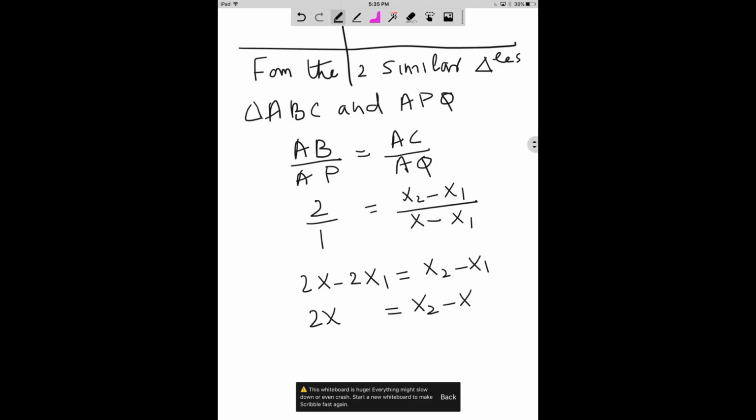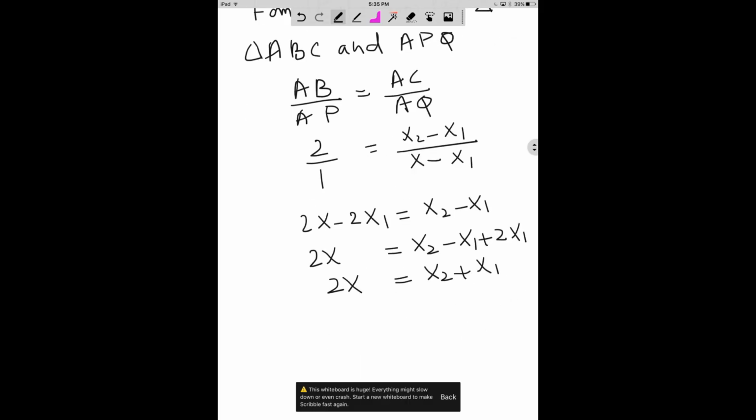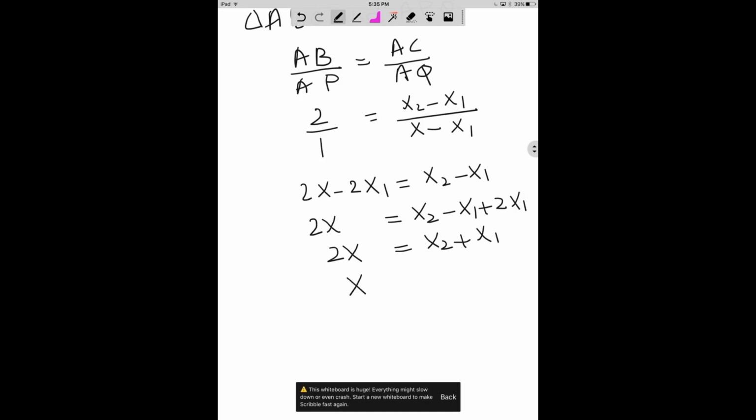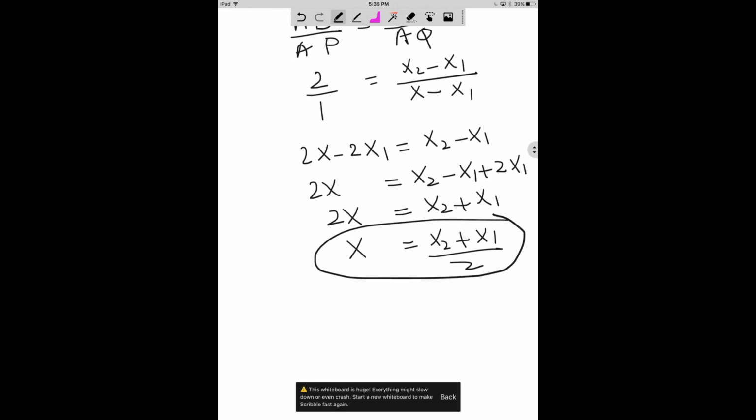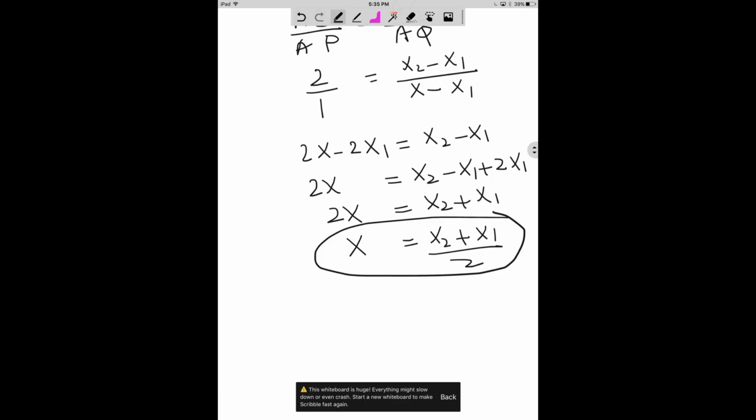So 2x is equal to x2 minus x1 plus 2x1. Sorry, x2 plus x1. So x is equal to (x2 plus x1) by 2.